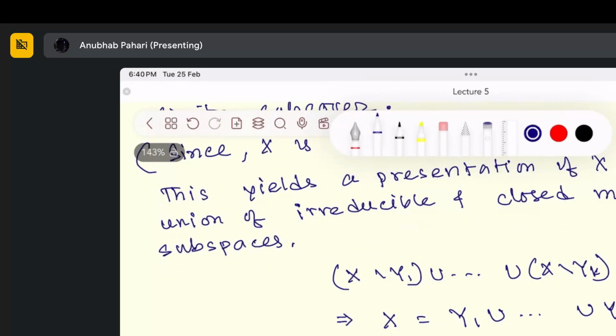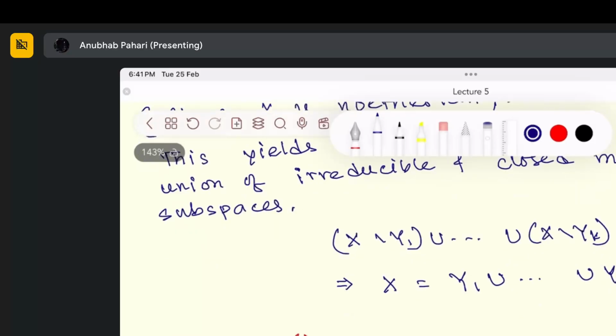Now assume that V(a_n), where n belongs to N, with a_n ideals, is a decreasing sequence of closed sets in Spec A. We assume that the a_n are radical ideals.